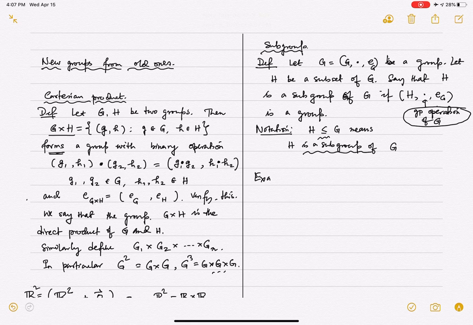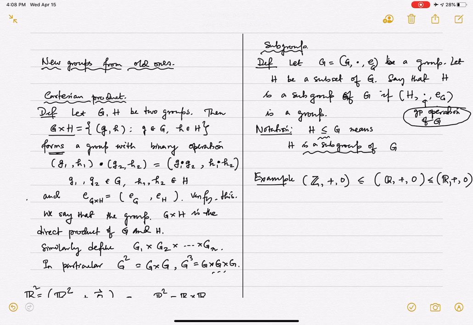Example. Maybe first couple of examples. Like Z, plus, 0 is a subgroup of the rational numbers, plus, 0, is a subgroup of the real numbers, plus, 0.